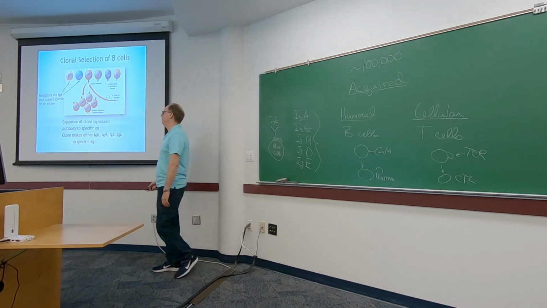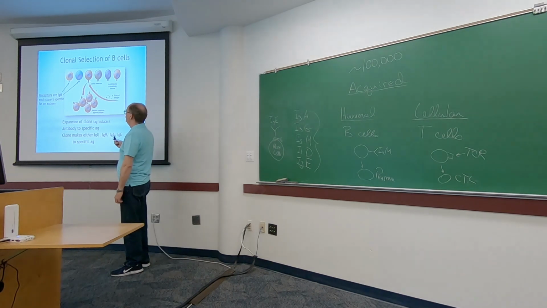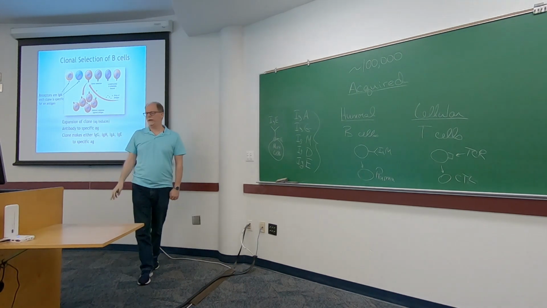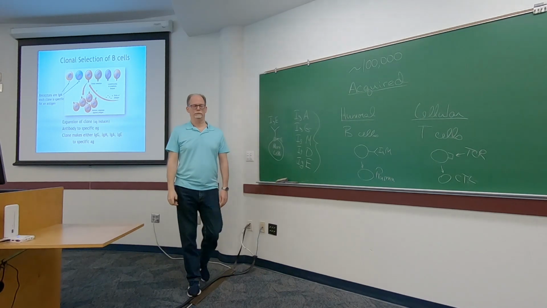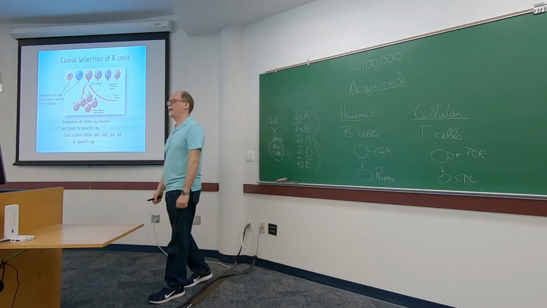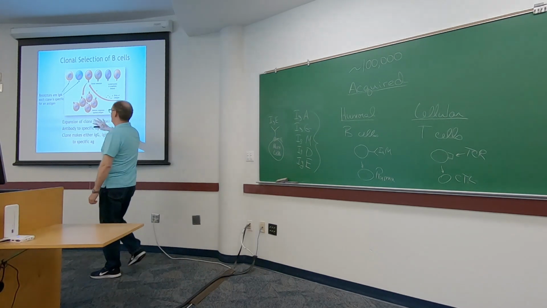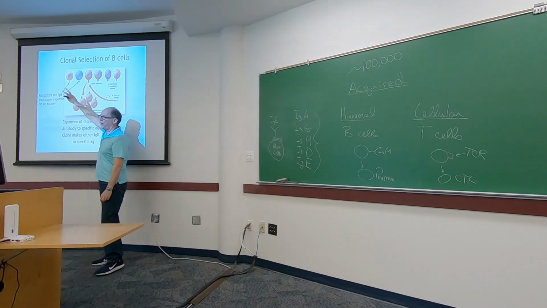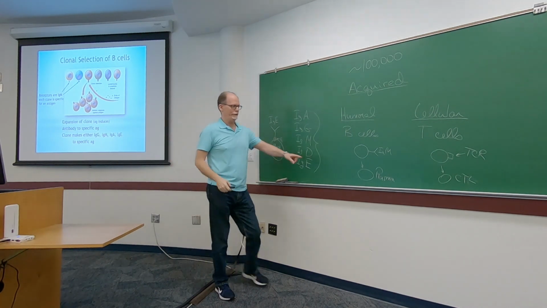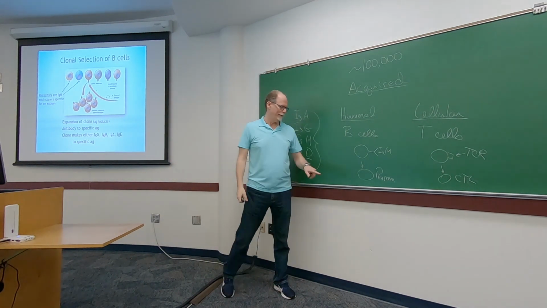So clonal selection means when this B cell is activated by the antigen, then it becomes many cells. Memory cells. All of the cells now that came from that one clone will specifically bind, like I said here, with COVID-19.